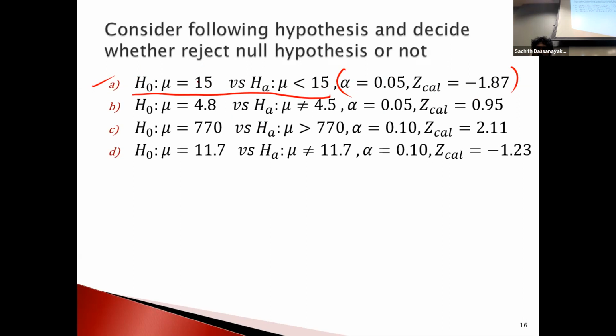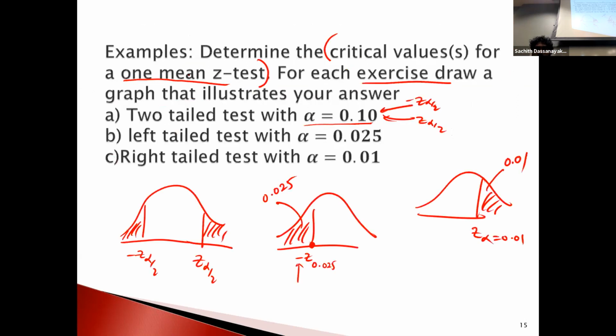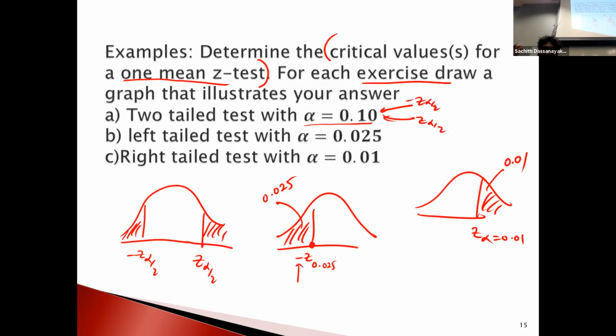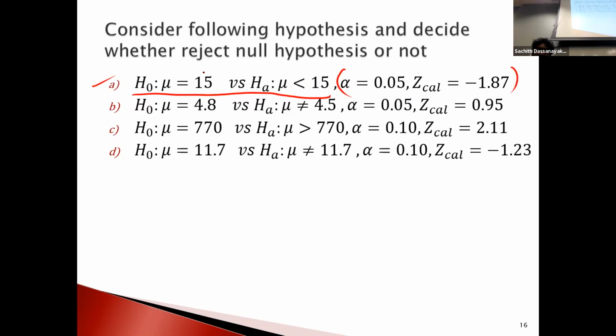See this one. I don't know where this 15 comes from. I think it's not given here, but assume that it's given somewhere else. So this is your mu naught value. Do you remember mu naught?